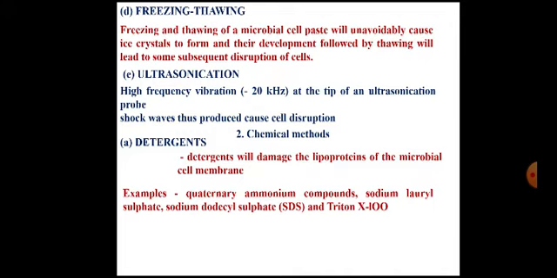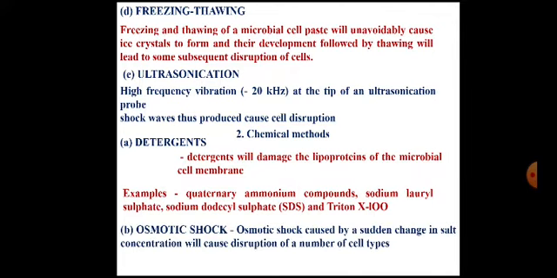So detergents will damage the lipoproteins of the microbial cell membrane. For example, these detergents are quaternary ammonium compounds. Most frequently used are sodium dodecyl sulfate, that is called SDS, sodium lauryl sulfate, and Triton X-100.